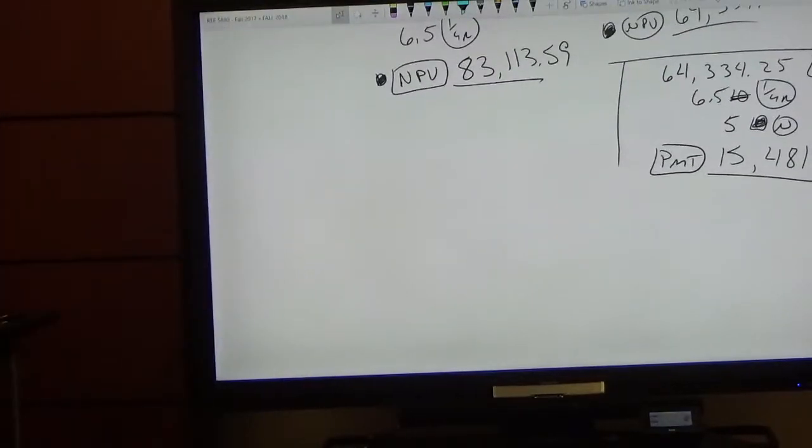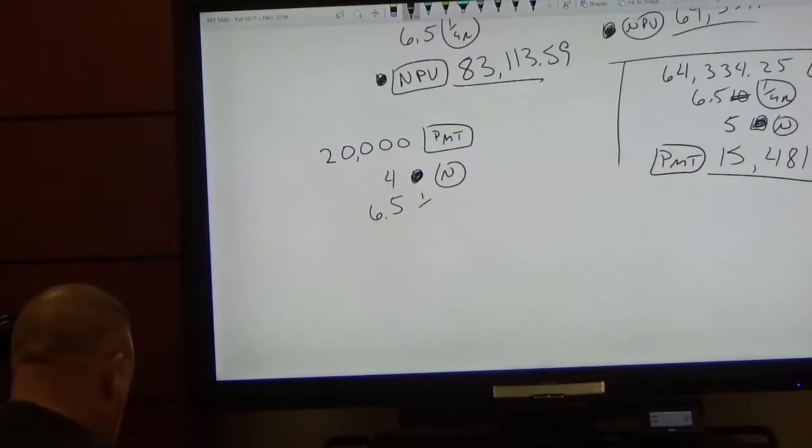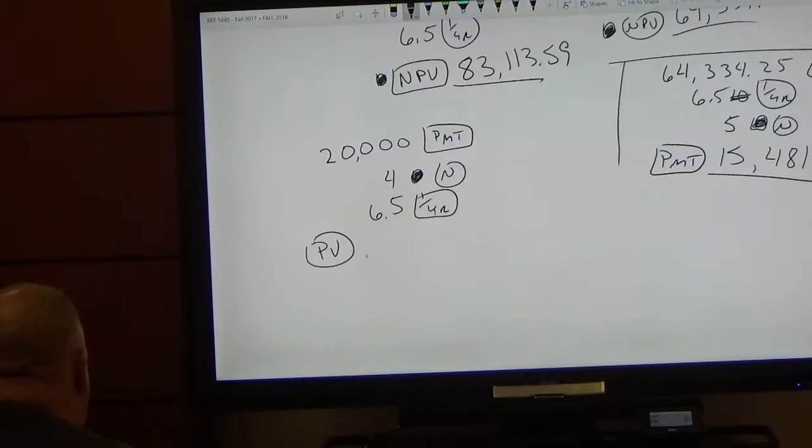is to say, okay, let's take 20,000 as the payment for 4 years instead of 5 at 6.5%. Solve for present value.